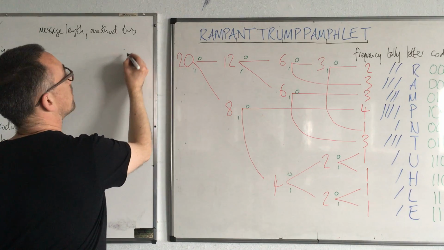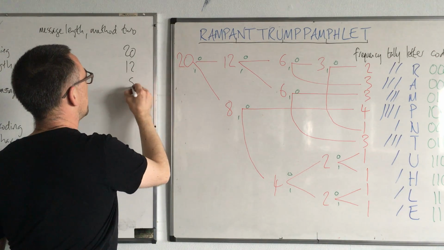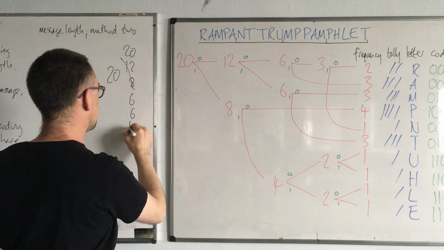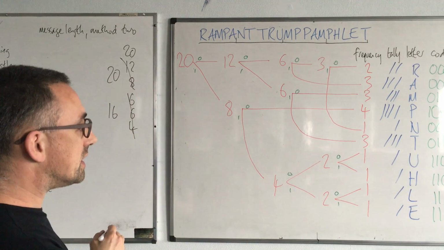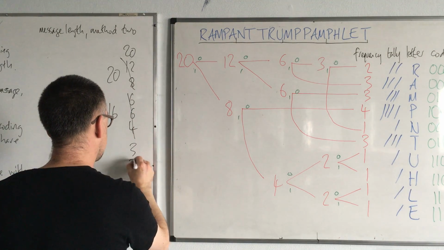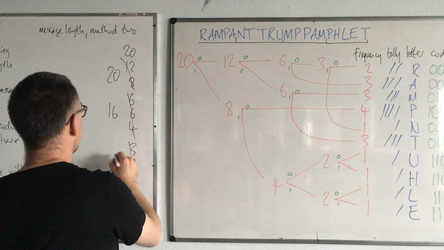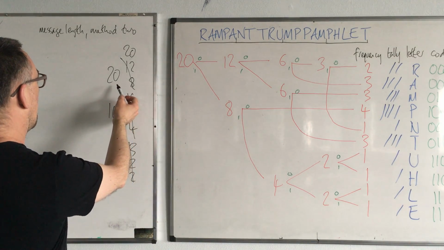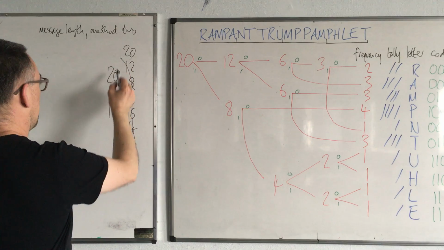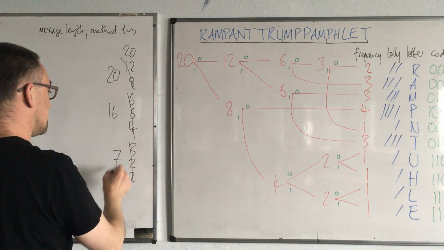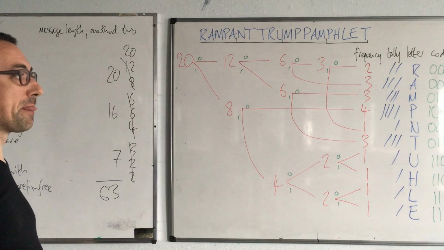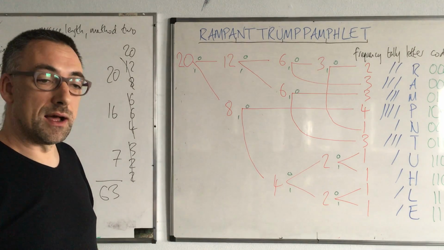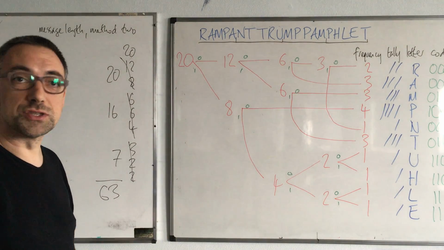So adding these things up, we have 20, 12 and 8 will make another 20, we'll have 6, 6 and 4, which will make another 16, and we have 3, 2 and 2, which will make another 7, so we will have 20, 20, that's 40, 56 and 63. So if I hadn't noticed my arithmetic mistake earlier, I would have noticed it when I did the double check.